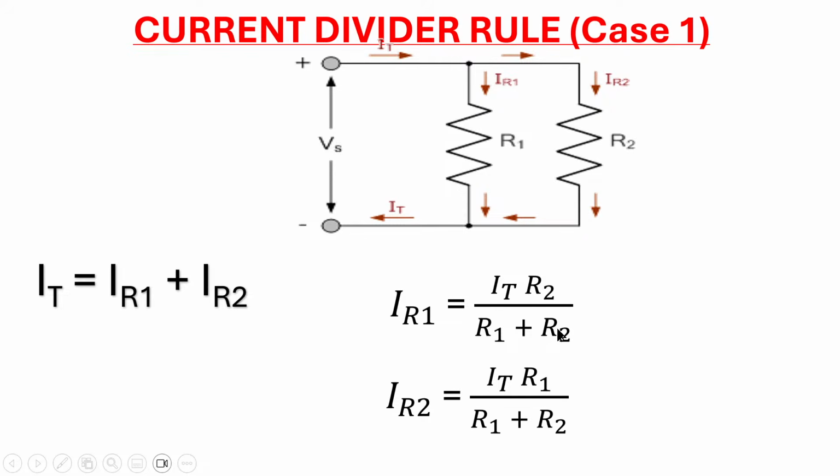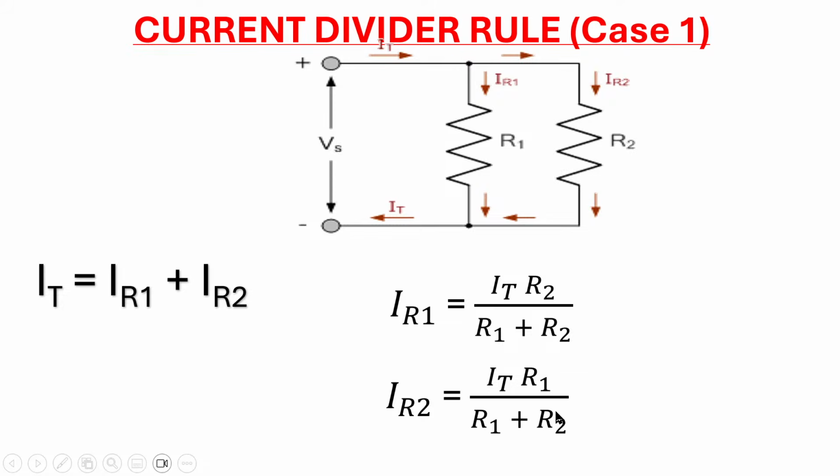Also, if you want to look for the current I2, you take the total current IT, multiply it by R1 and divide it by R1 plus R2. So that is exactly what the current divider rule states.